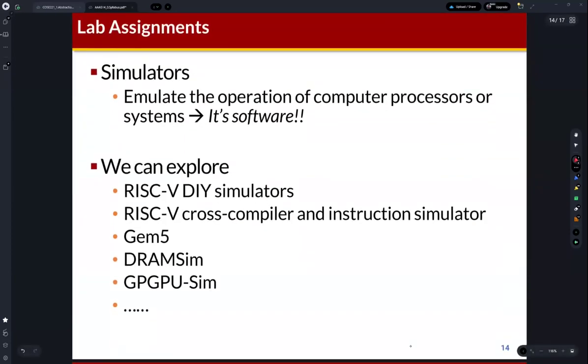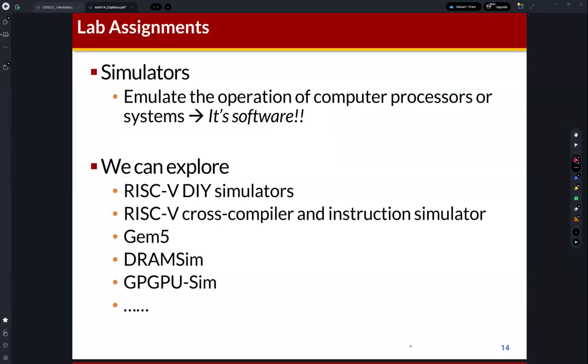Later, the lab assignment. I mentioned that we frequently use architectural simulators for our research. This is hardware related research, but it is very, very difficult to modify hardware. Why? Hardware is hard. It's not soft.